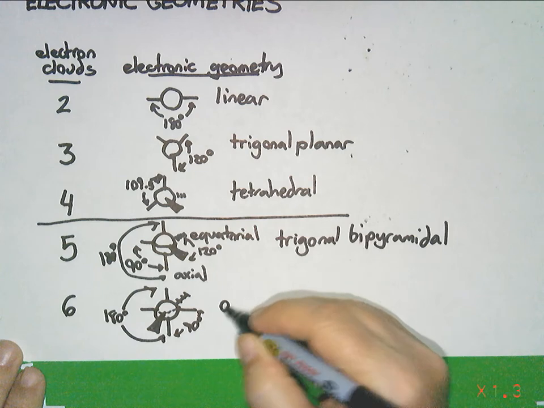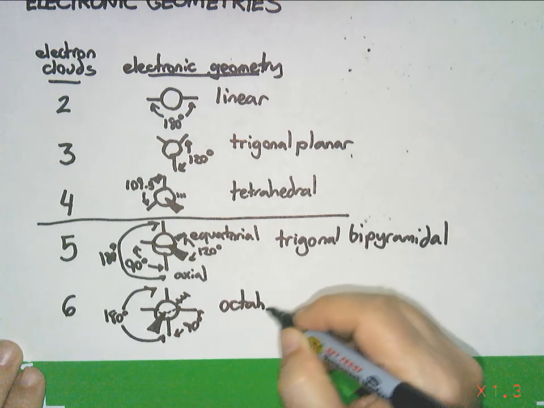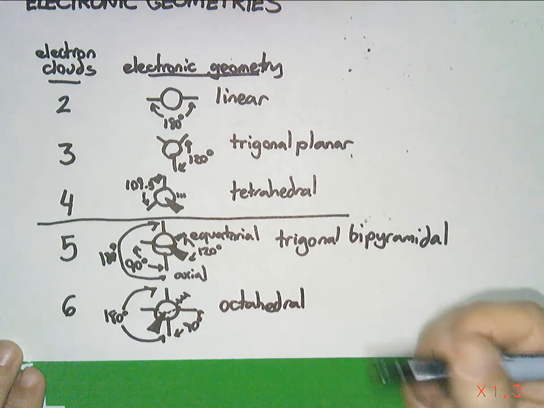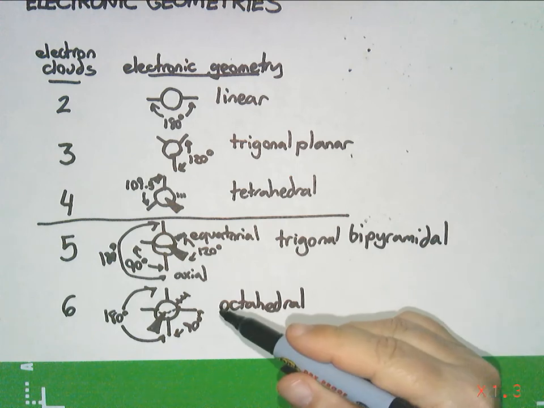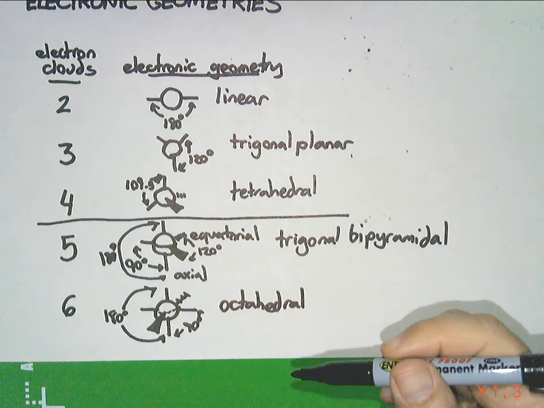And it's called an octahedral electron geometry. Why octahedral? Octa sounds like 8, and we've got 6 clouds here, not 8.